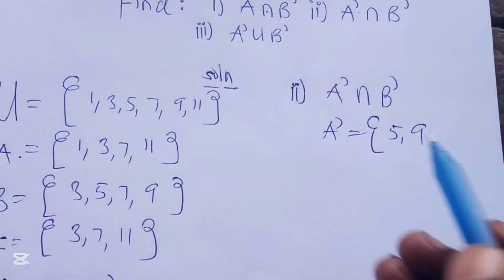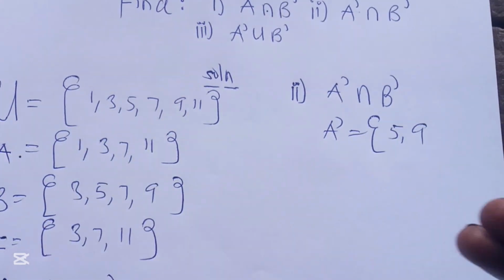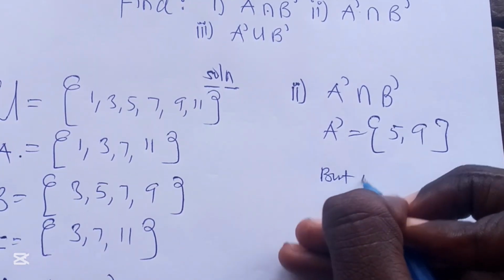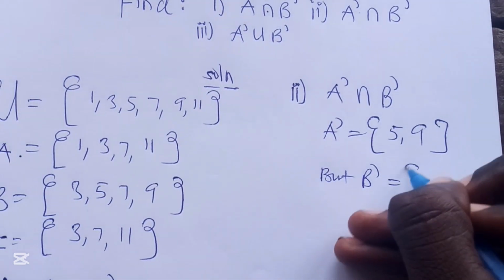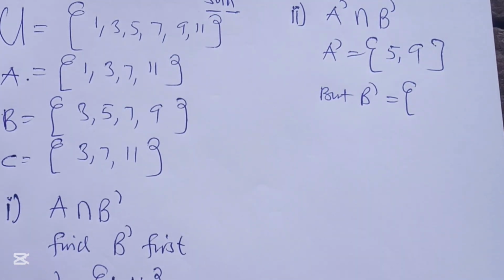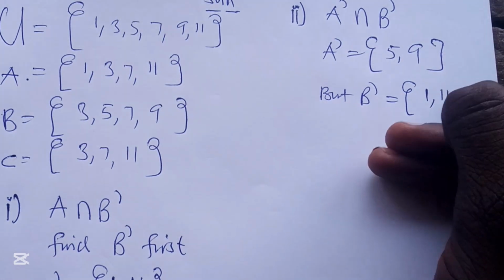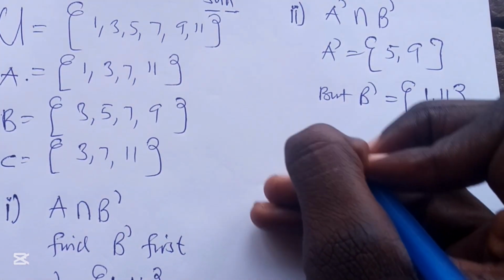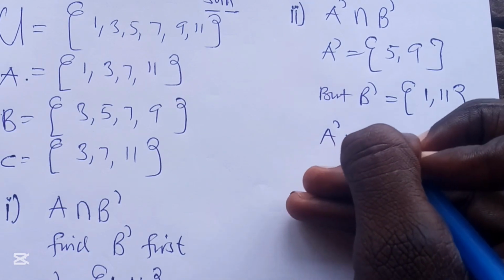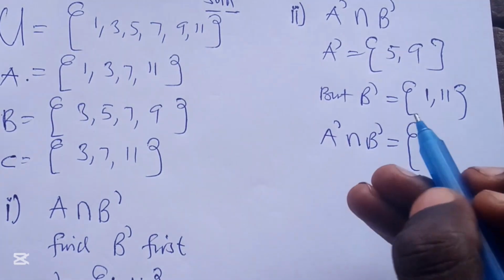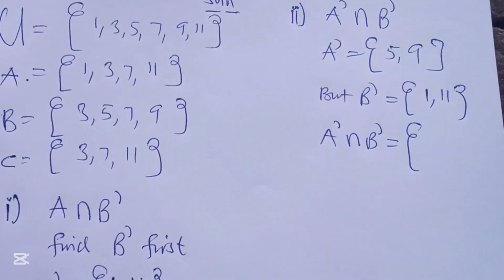So these are the elements that are not in A. But B complement, you already have as 1, 11. The question says we have to find A complement intercept B complement, and we know intercept means where the two sets meet.